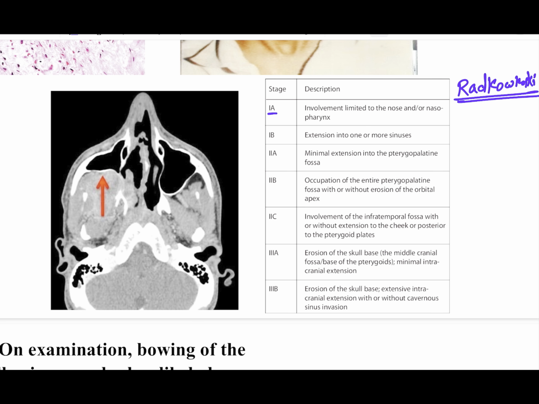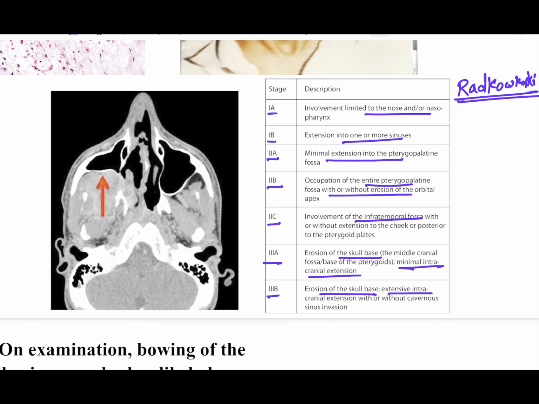Then each stage is divided into substages. 1A is limited to the nose or nasopharynx. 1B means one or more sinuses. 2A means minimal extension into the pterygopalatine fossa. 2B means the entire pterygopalatine fossa with or without erosion of the orbital apex. 2C means involvement of the infratemporal fossa with or without extension into the cheek. 3A means erosion of the skull base and minimal intracranial extension. 3B means erosion of the skull base and extensive intracranial extension with or without cavernous sinus involvement.